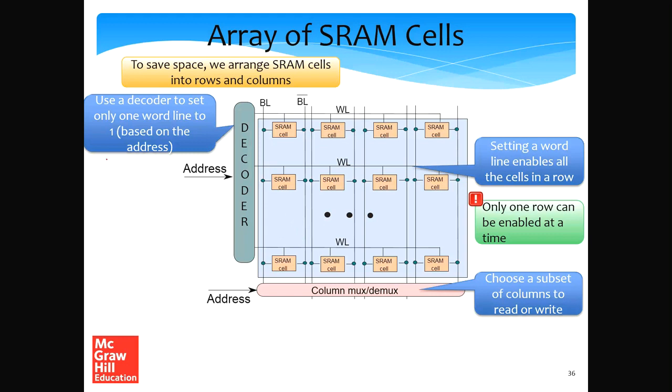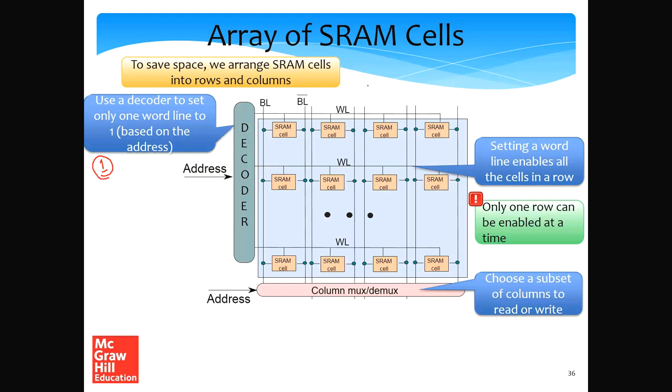So the first thing that we do, step number 1: let's assume that we have 128 rows. We need to enable one of the rows. How do we do that? We use a decoder to set only one word line to 1, based on the address, and the rest are 0.